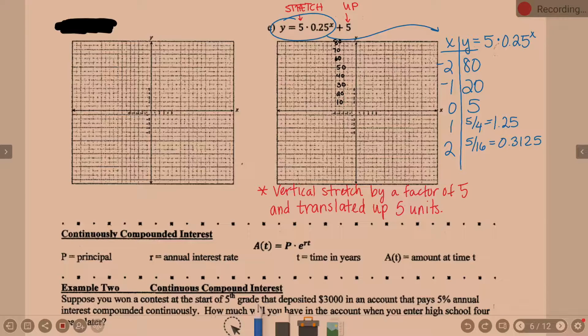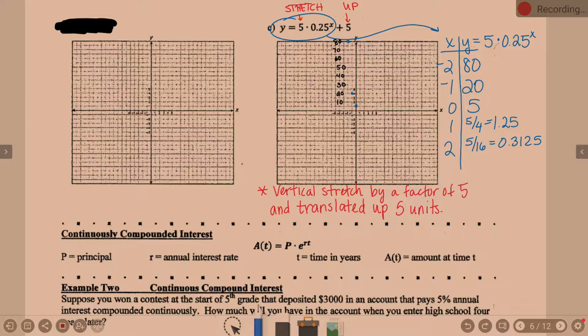Negative 2, 80 says I'm going to go left 2 and up 80. So the very top line on my graph. Negative 1, 20, left 1, up 20, which is up 4 boxes on mine. 0, 5, where is 0, 5?